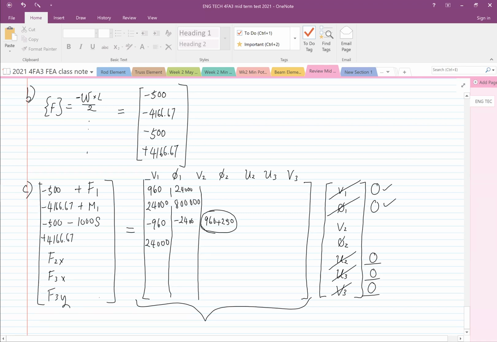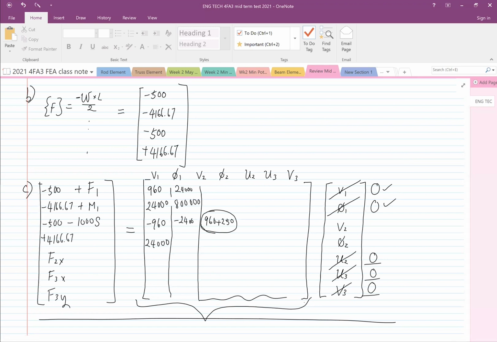If you can show me this, of course with all the numbers on it, you get 80% easily for this. Ready? Okay, now, any questions so far on this? And I need you to solve for V2.